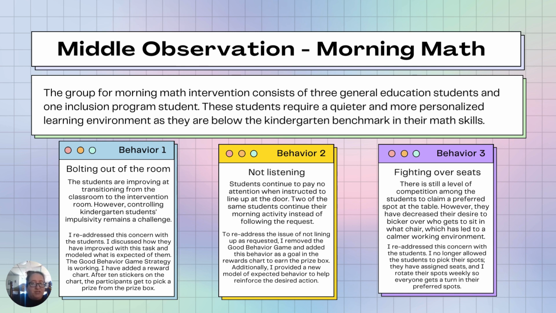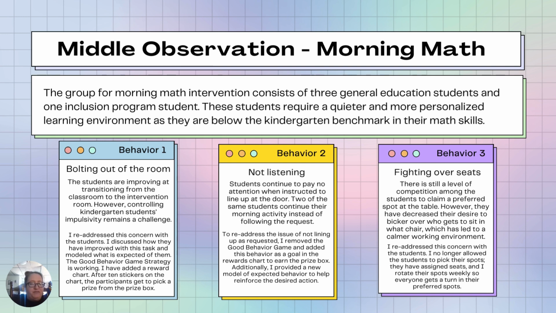My middle observation in my morning math group, the bolting out of the room has been improving. However, of course, controlling kindergarten students, impulsivity remains a challenge. So I readdressed this with them.